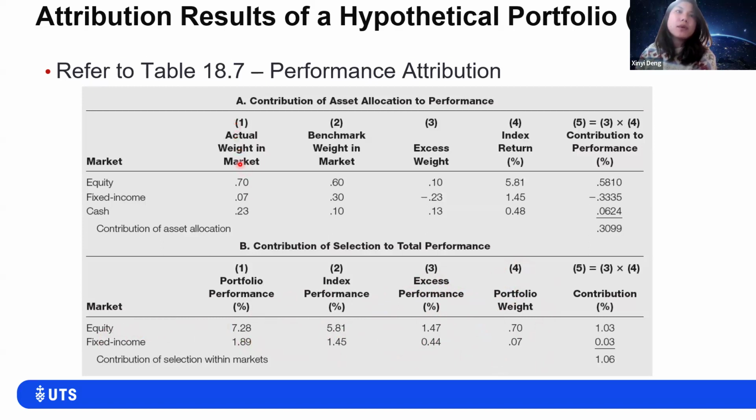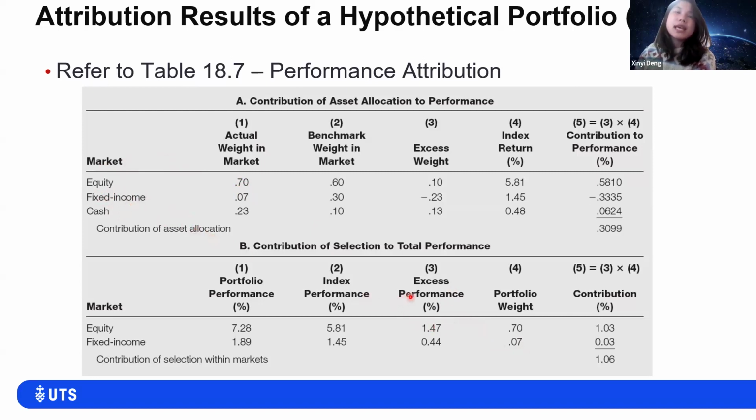We already showed here the weight of each market segment in our portfolio, which is 0.7 and 0.07 respectively for the equity market segment and the fixed income market segment.